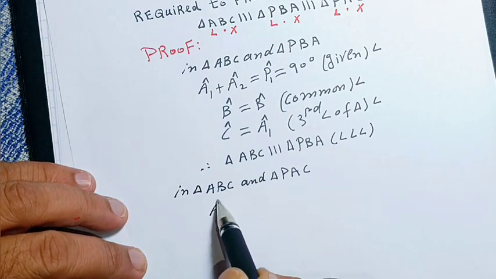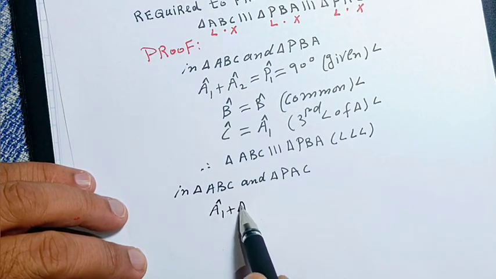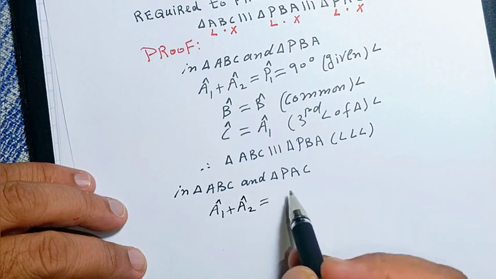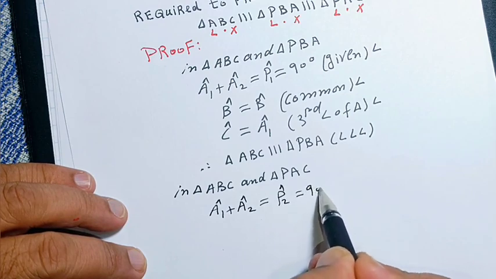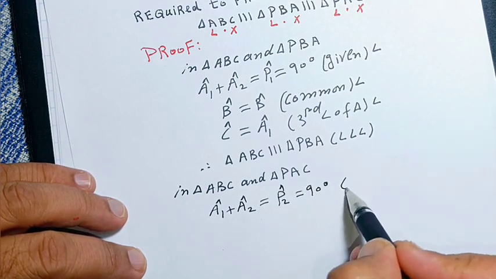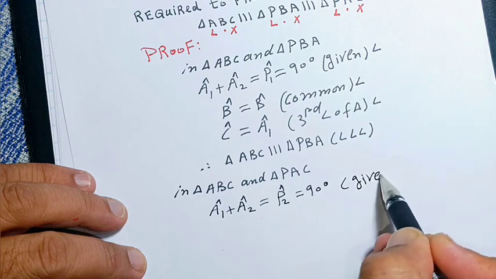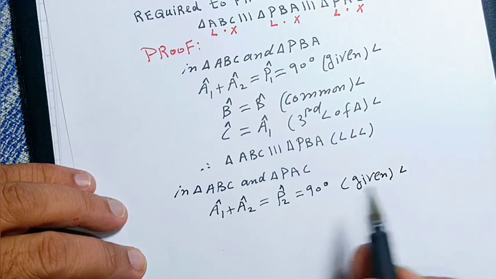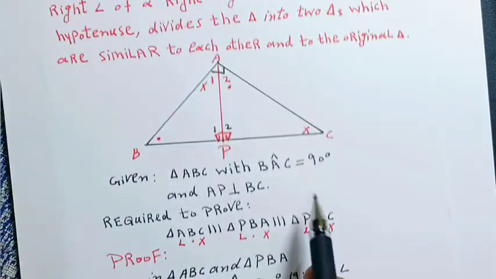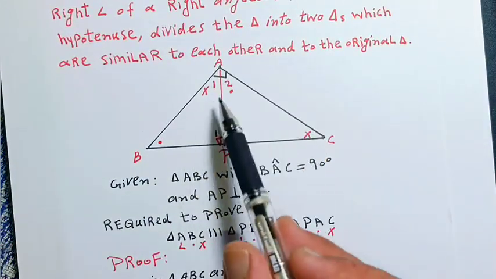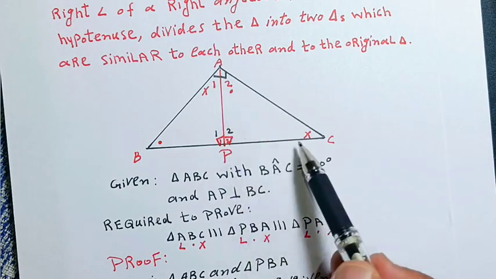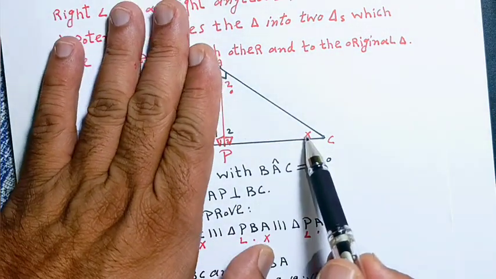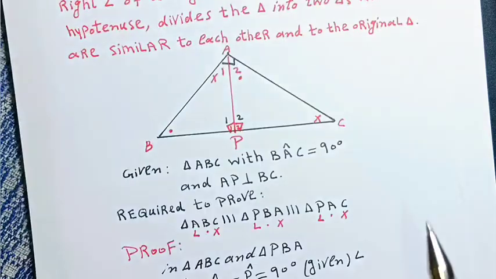So angle A1 plus angle A2 is equal to angle P2, which is 90 degrees, and that is given. This is my first angle, and I need one more. Angle C in ABC, and in triangle PAC this angle C is the common angle.